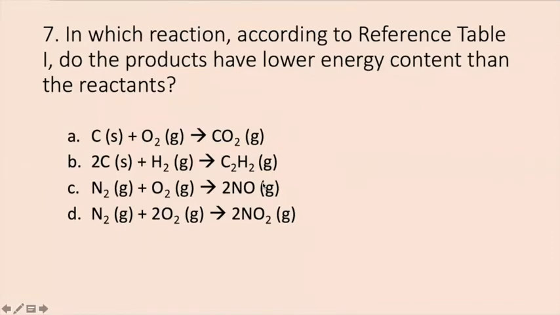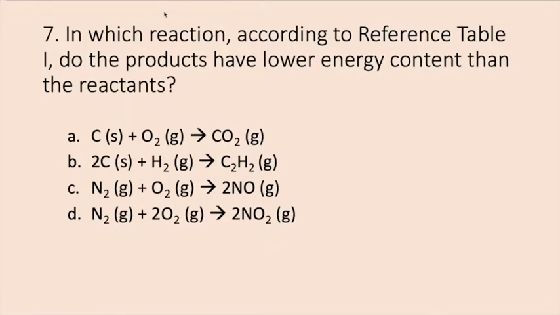In number 7, in which reaction, according to Reference Table I, do the products have lower energy content than the reactants? So look at Table I, and you're going to be looking for either an exothermic reaction or an endothermic reaction. Which one?